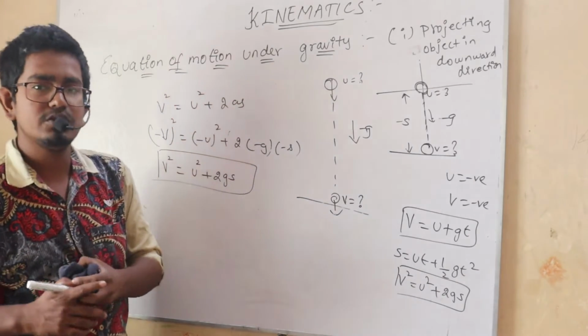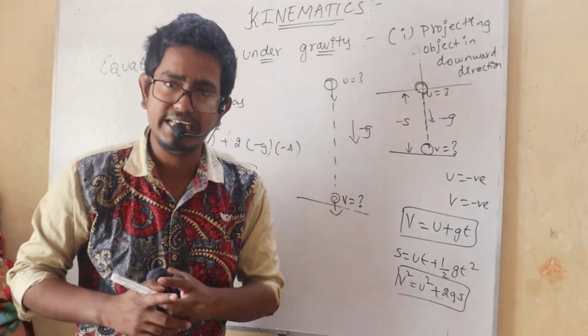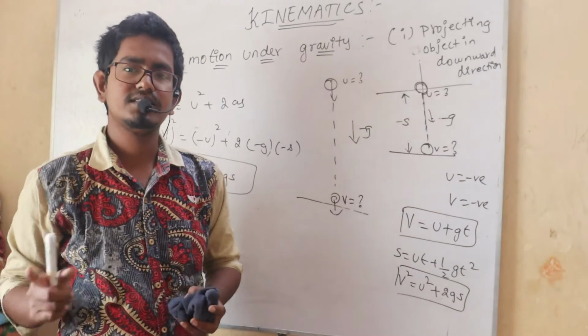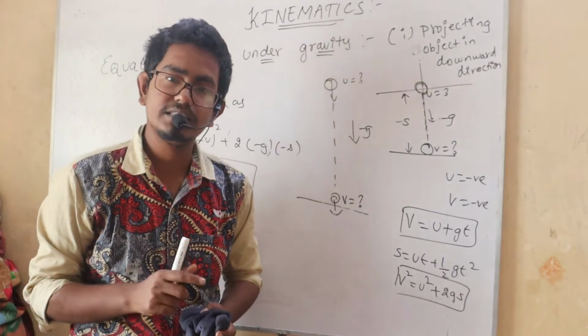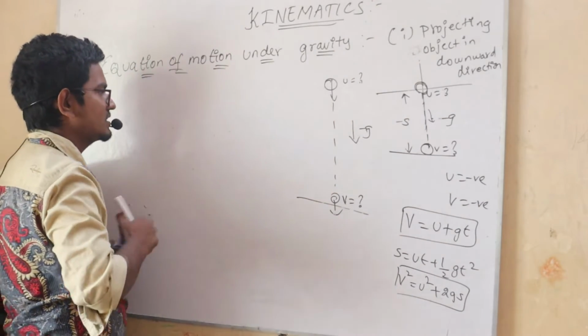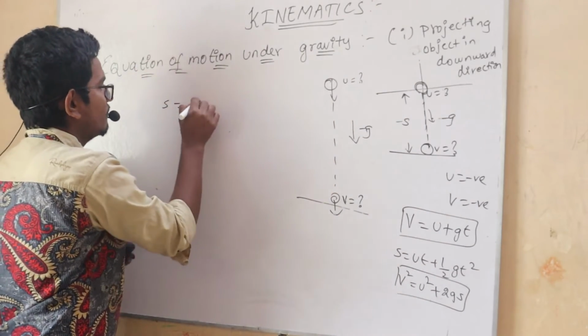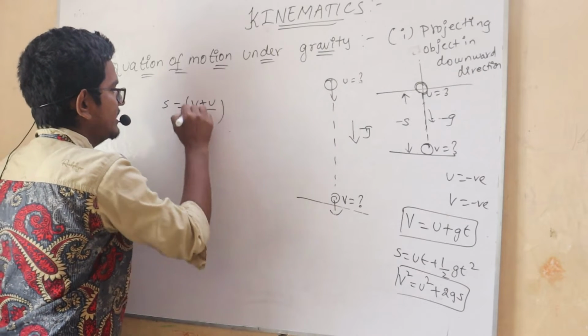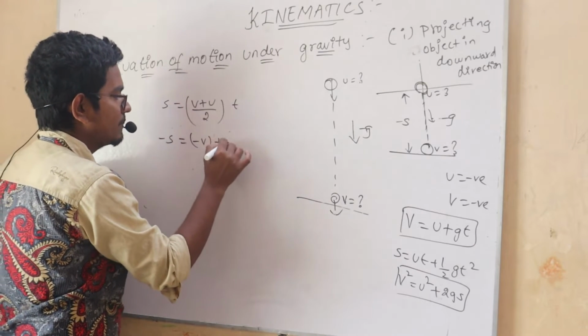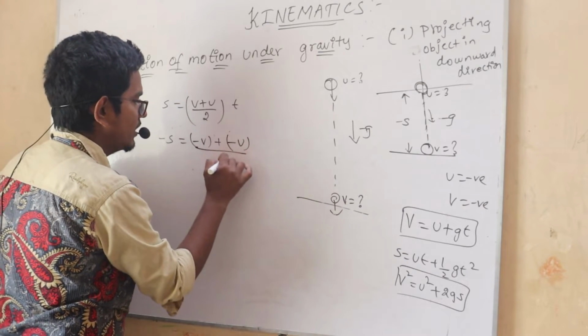If I am using s is equal to v plus u upon 2 into t, my fourth kinematic equation, then you can substitute there too. It is minus s, it is minus v, minus u, upon 2 into t.